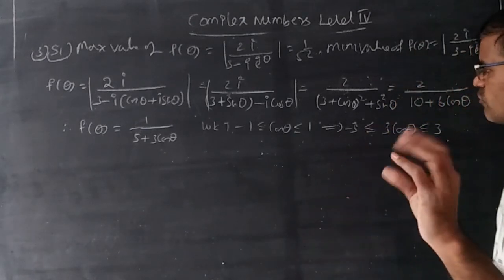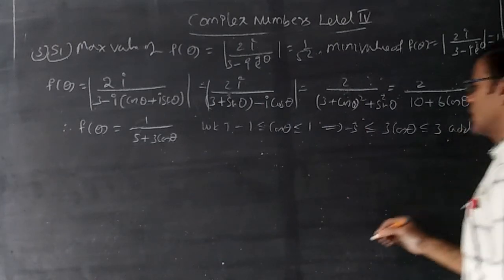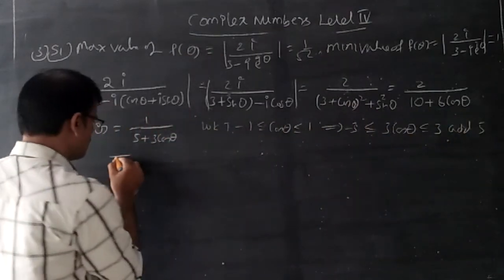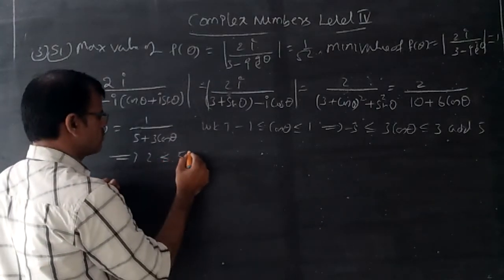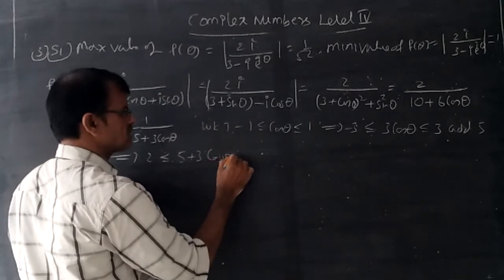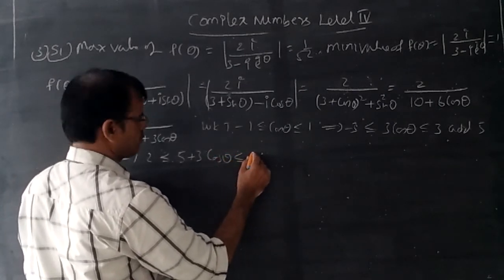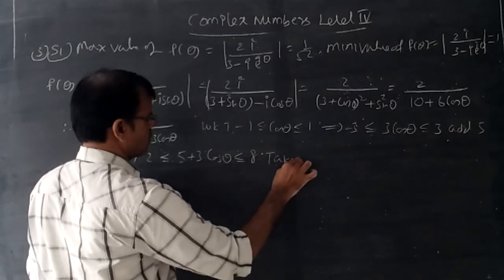Now add 5 on both sides. So 5 minus 3 becomes 2: 2 is less than or equal to 5 plus 3 cos theta, less than or equal to 5 plus 3, which becomes 8. Now taking the reciprocal.